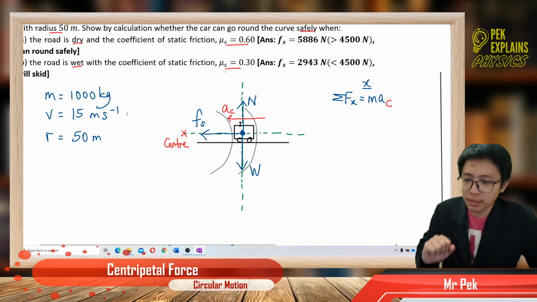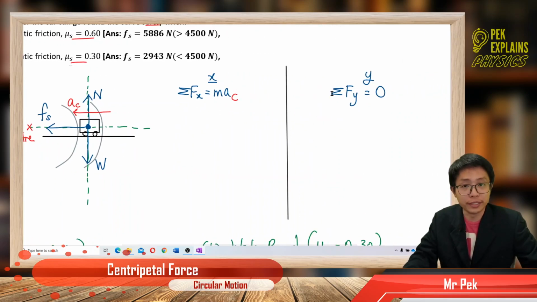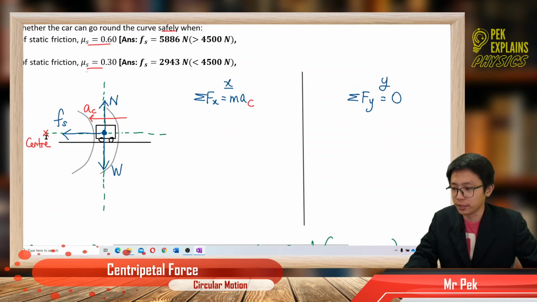Okay, so similarly we do the x and y components. For the x component, the horizontal component, we have centripetal acceleration, so it has a resultant force. So total Fx equal to ma, but this time our a is ac, the centripetal acceleration.